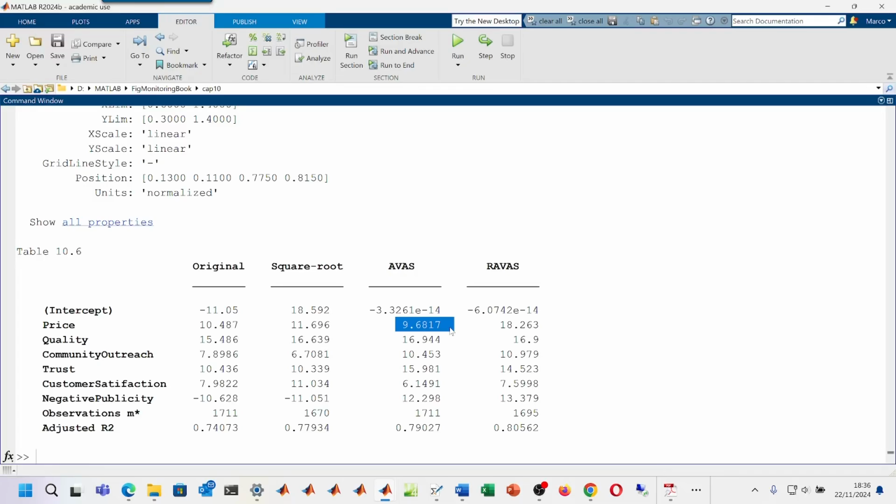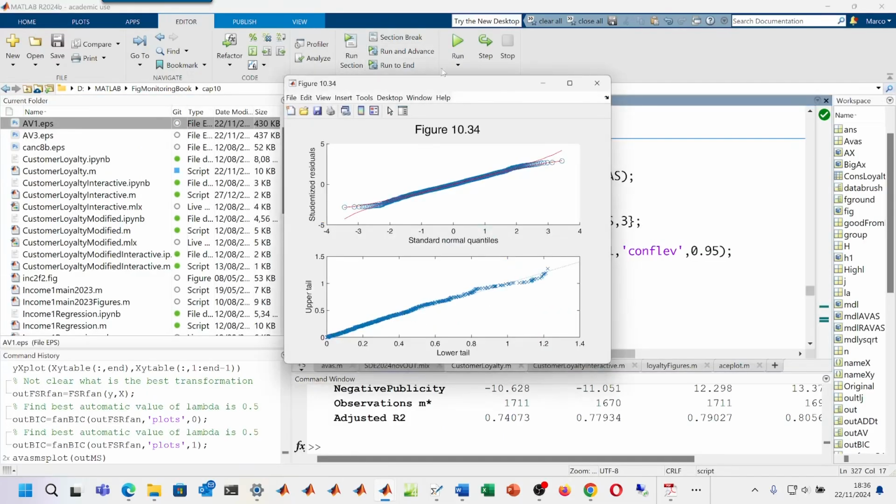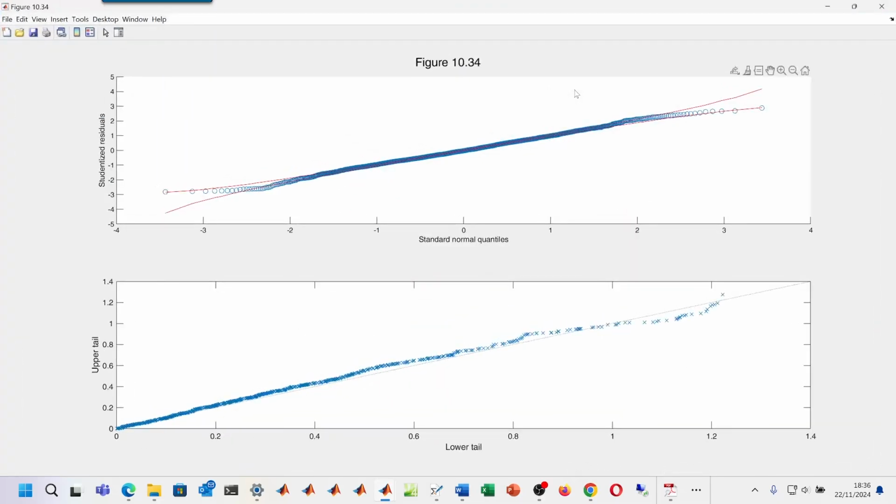Now, given that before we had analyzed the QQ plot in the original scale and in the square root scale, now we want to represent the same plots to see if there was an improvement or not. And there is an improvement. Remember, in the QQ plot of the square root transformation, the observed values went up above the envelope at the top.